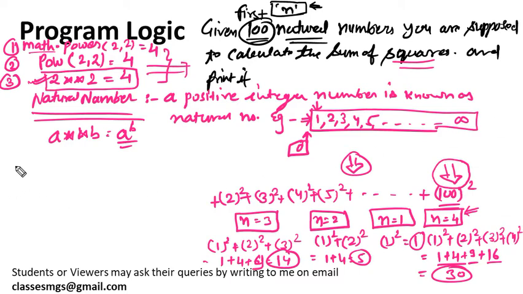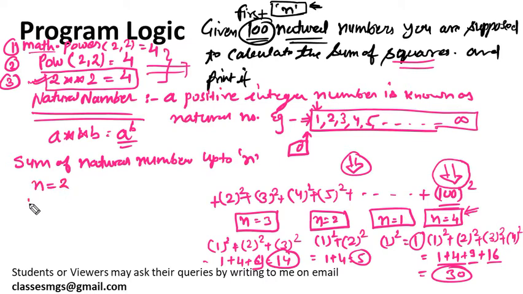Let's suppose I am giving you: write a Python program to sum the natural numbers up to n. If you are supposed to write this program, what I want is, if I pass n equals 2, then it should add 1 plus 2 equals 3.